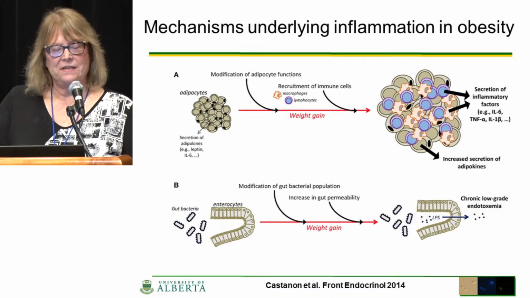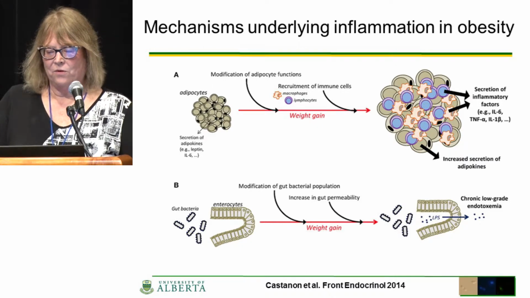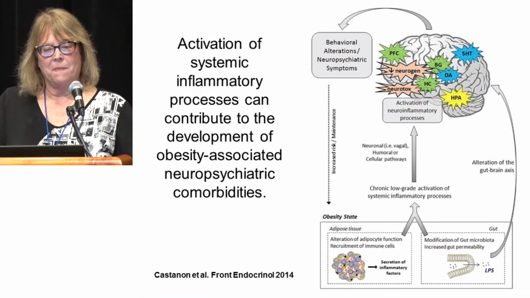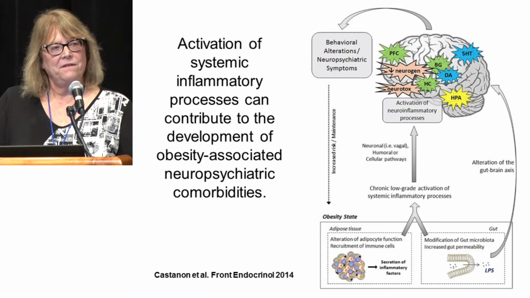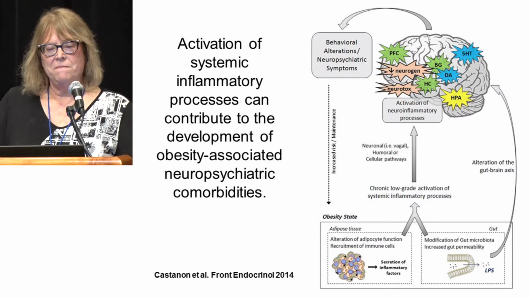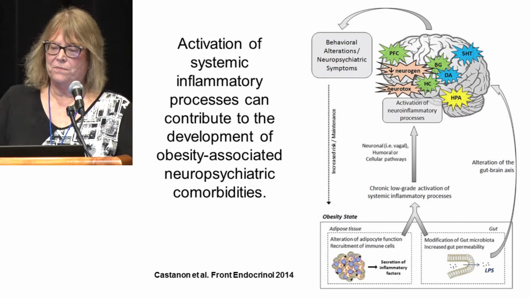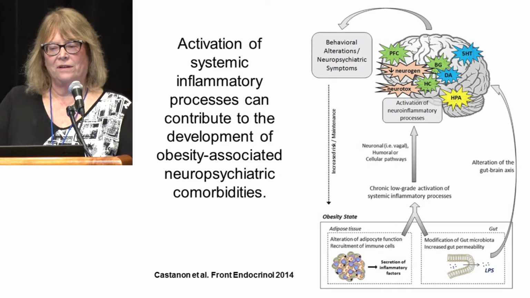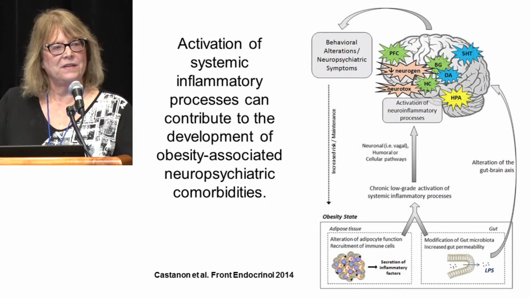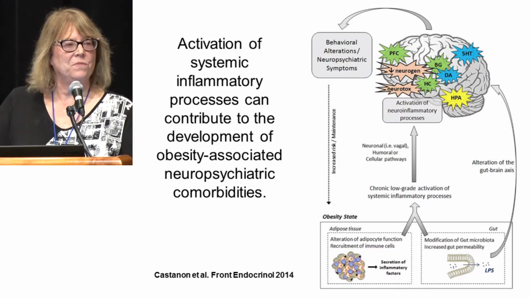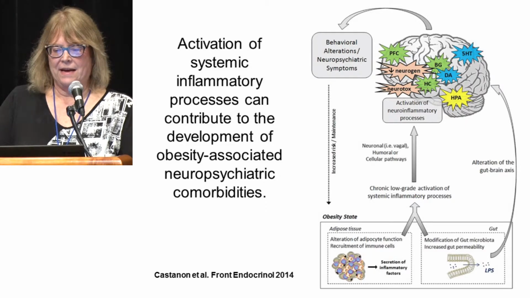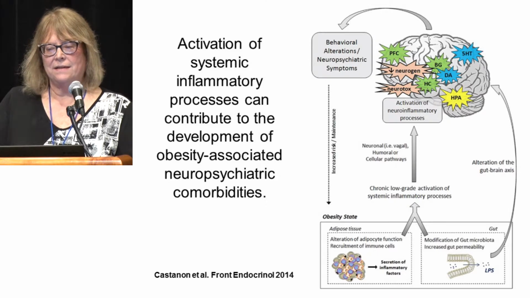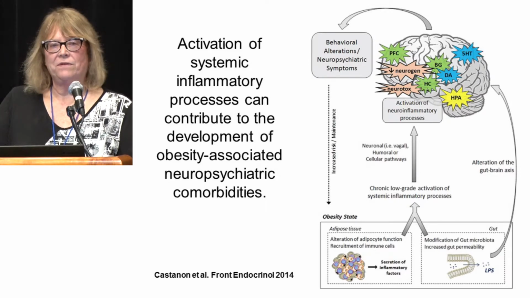This leads to an increase in gut permeability, chronic low-grade endotoxemia, and insulin resistance. This activation of systemic inflammation can alter the brain, so you get activation of neuroinflammatory processes which lead to behavioral alterations and psychiatric symptoms, as well as mood disorders. So again, it's the antigens and LPS from the gut that change your brain through inflammation.